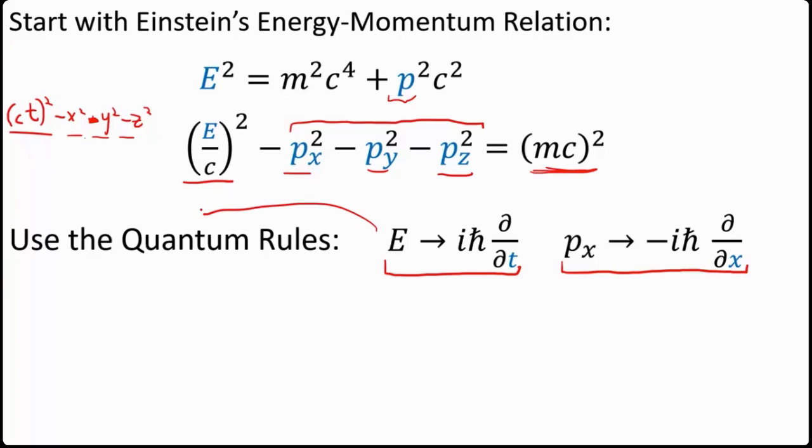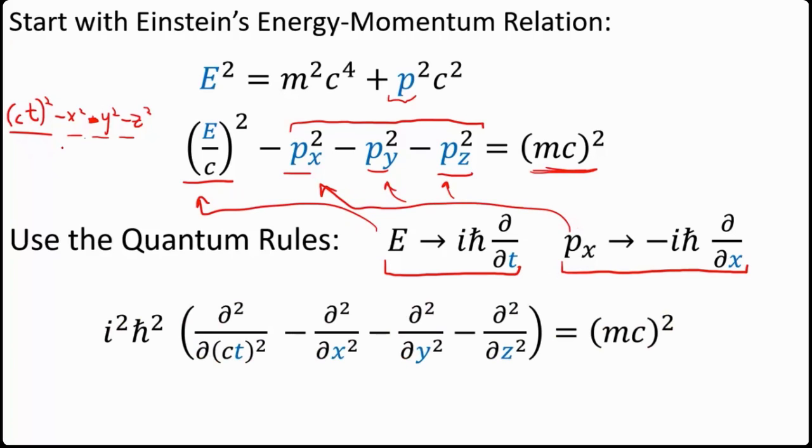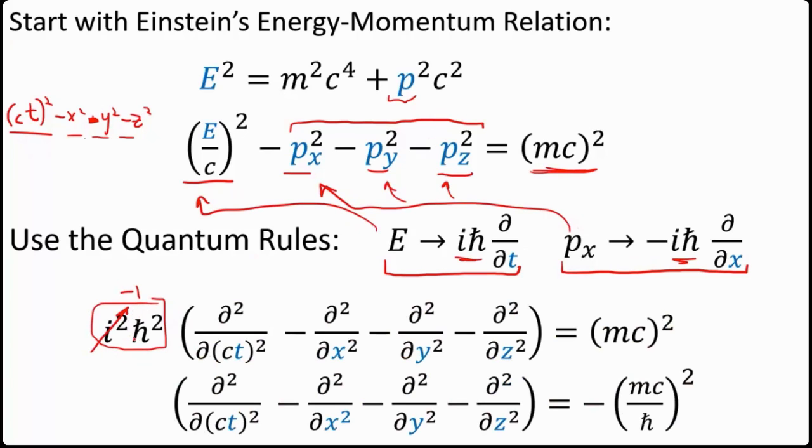And if you put that in here and do that for x, y, and z, then you get this. I've factored out the i squared and h bar squared from every term here. And then I turn this i squared into a -1 and divide by h bar squared, and I get this.